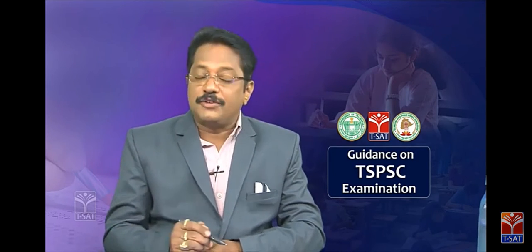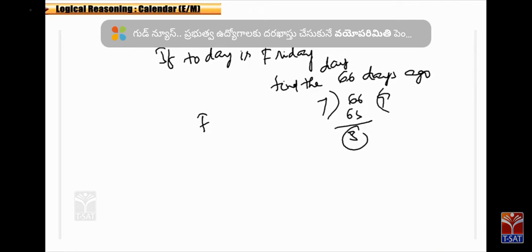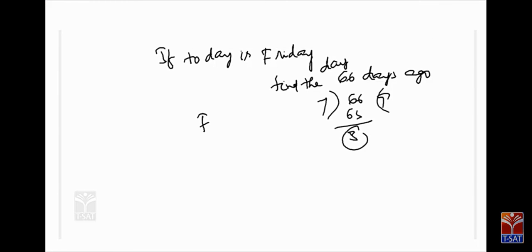For ago, if it is given, you have to subtract that remainder. So this is assumed to be Friday, so for ago you have to subtract this 3.